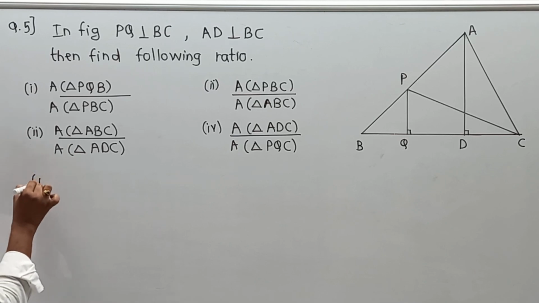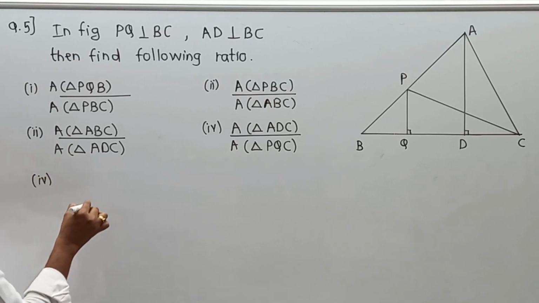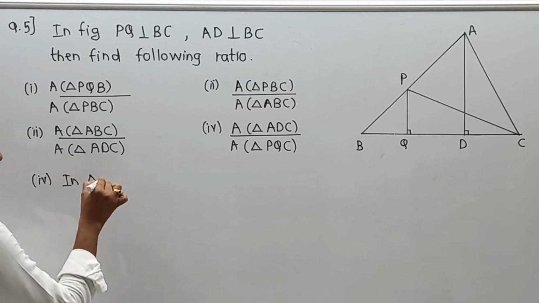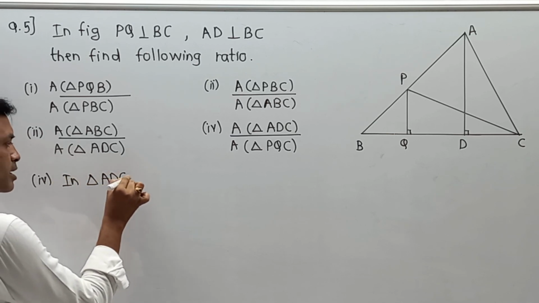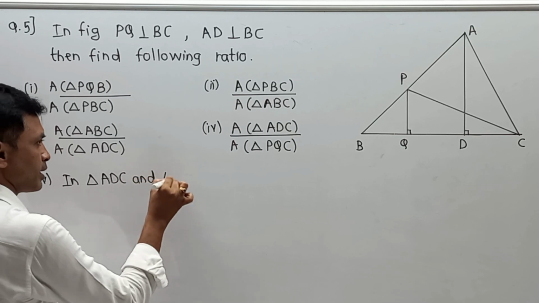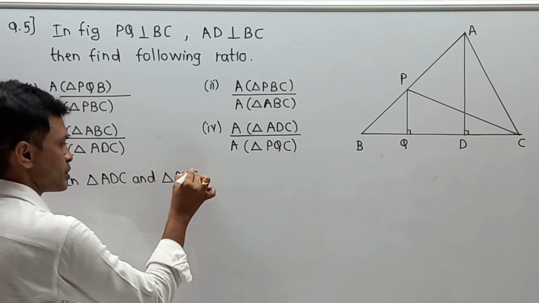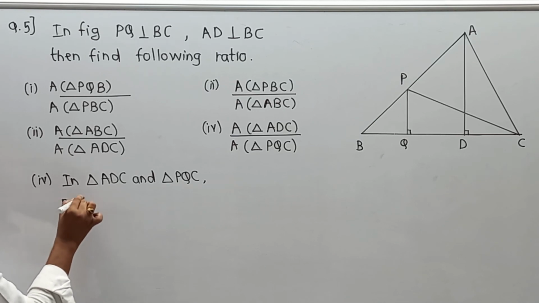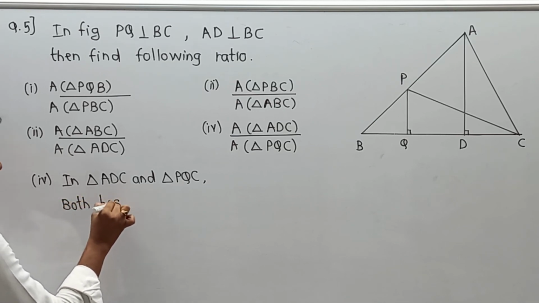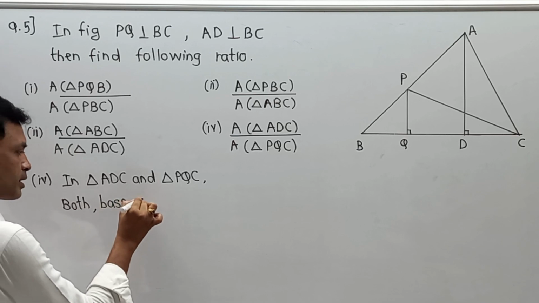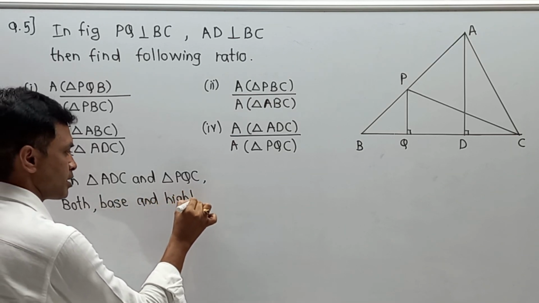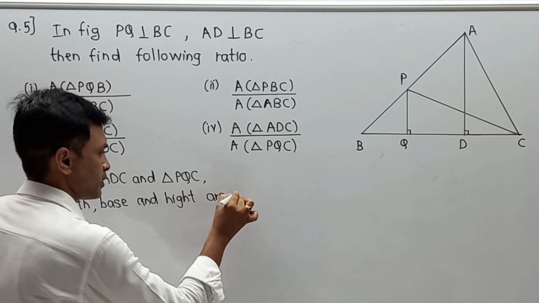So fourth question is, in triangle ADC and in triangle PQC, both base and heights are different.